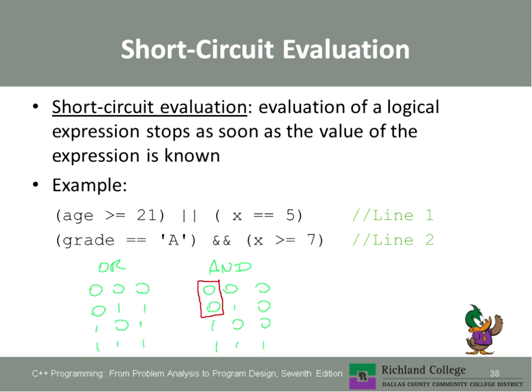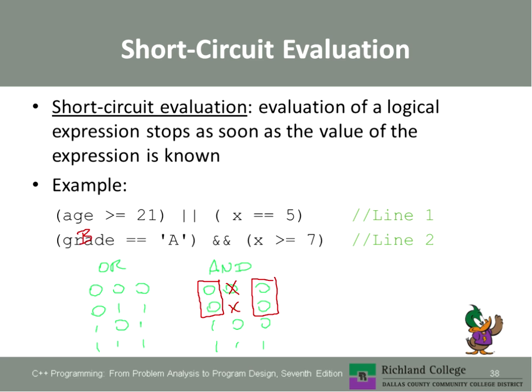So if the left side is 0, then what's going to be the result? It's going to be 0, regardless of what the right side is. So you do not have to figure out what the right-hand side of this expression is. Okay, so you can make a decision.